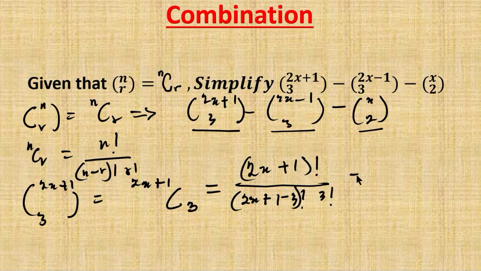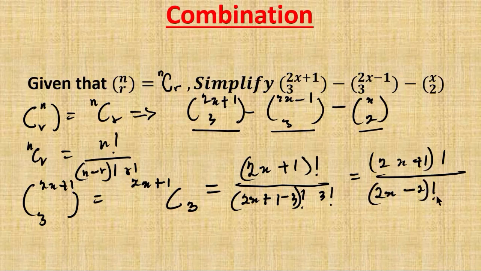So this is the same thing as (2x+1) factorial over (2x+1 minus 3), that's minus 2, (2x minus 2) factorial over 3 factorial.